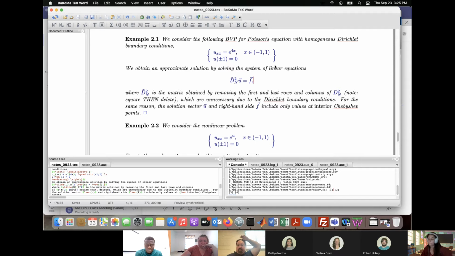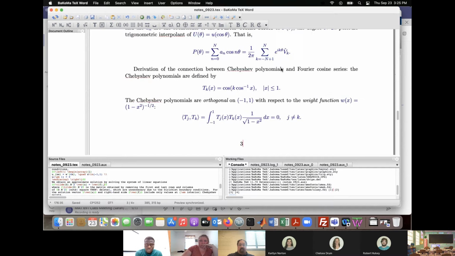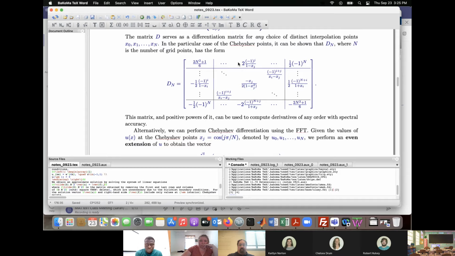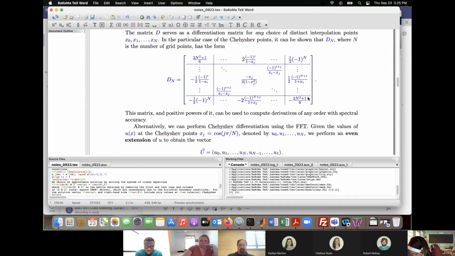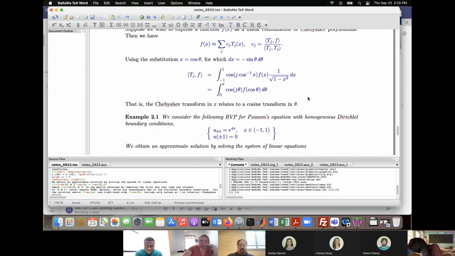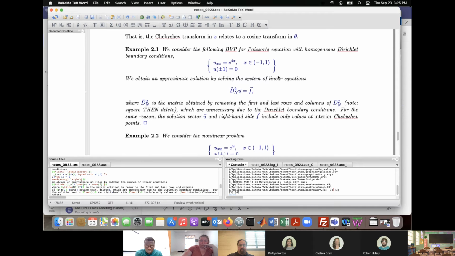So in terms of what you do in MATLAB, there's not very much to do here. The most tedious part is writing whatever code you need to form this matrix and then work with it. Are there questions about this example?